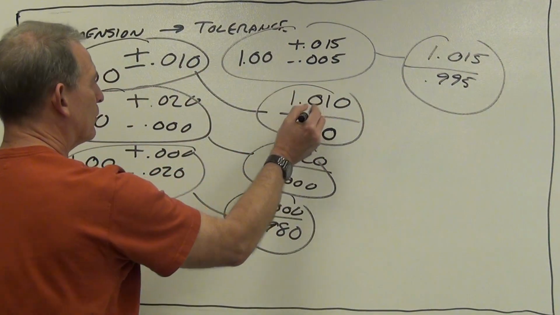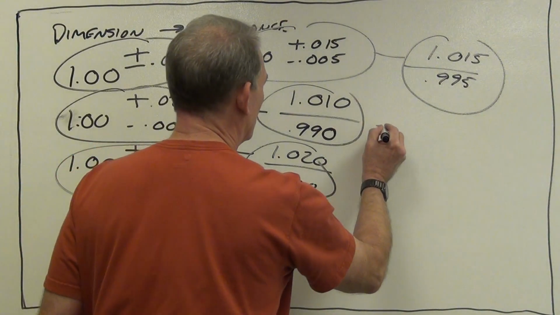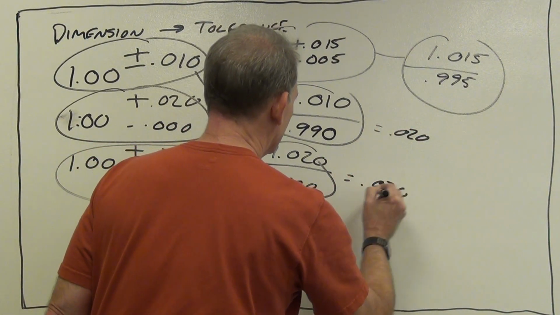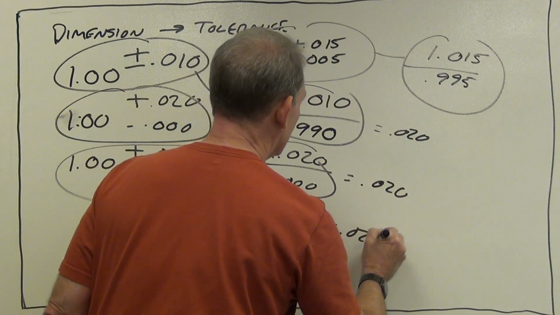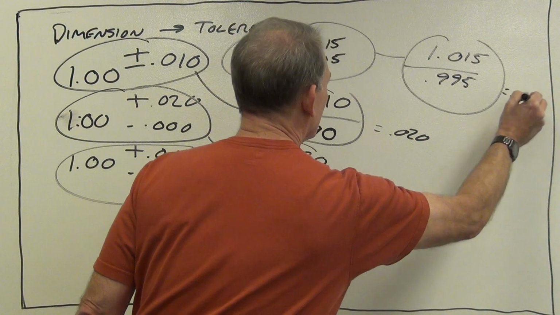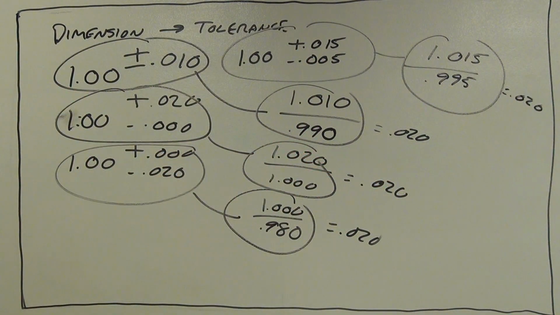If we take the upper limit and subtract the lower limit, in each case, the difference between the upper limit and the lower limit is 20 thousandths. That difference between the upper limit and the lower limit is called the allowance.